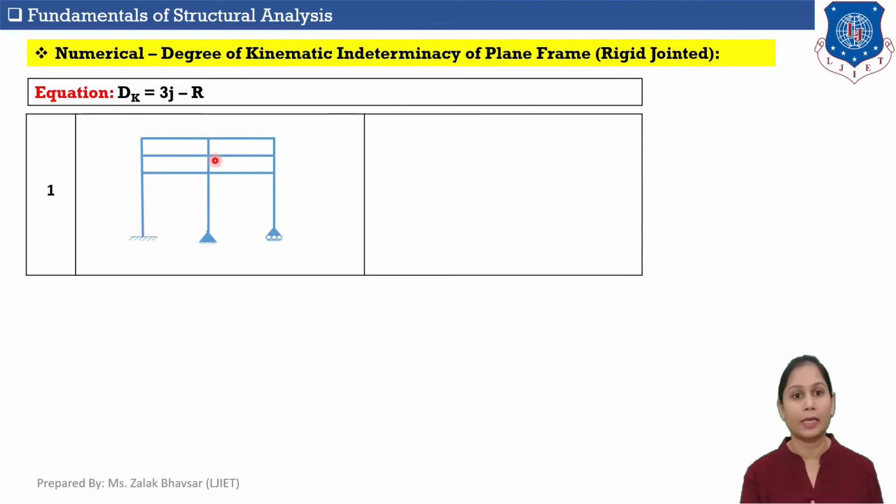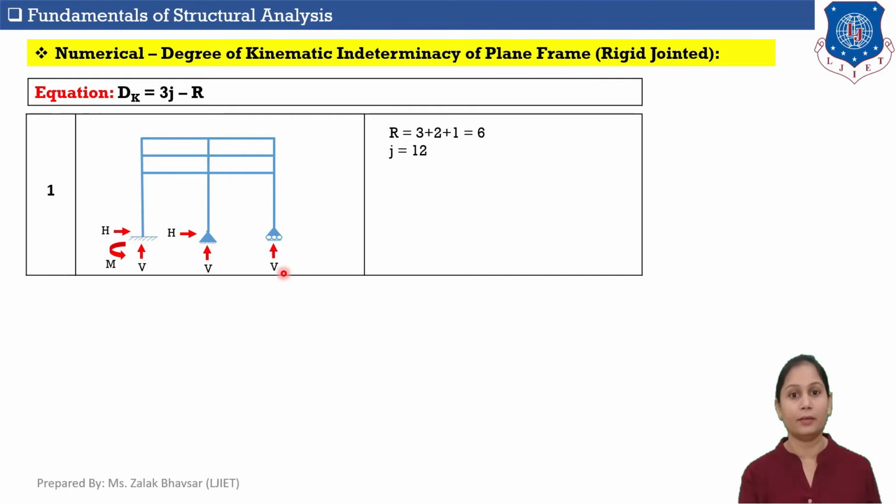First of all, we will calculate reactions R. So here at fixed support reactions will be 3, at hinge support reactions will be 2 and at roller support reaction will be 1. So total number of reactions of this given plane frame will be equal to 3 plus 2 plus 1, which means 6.